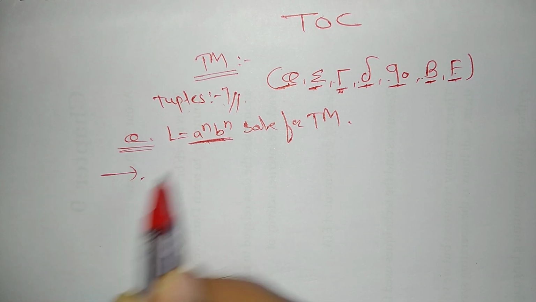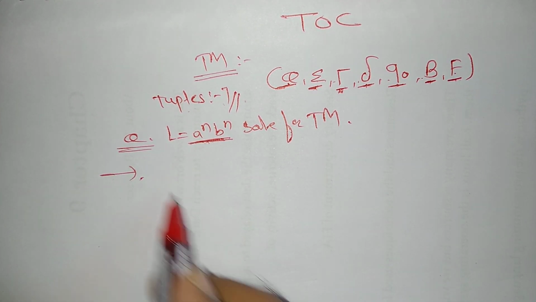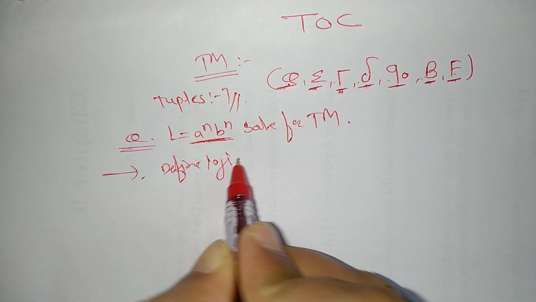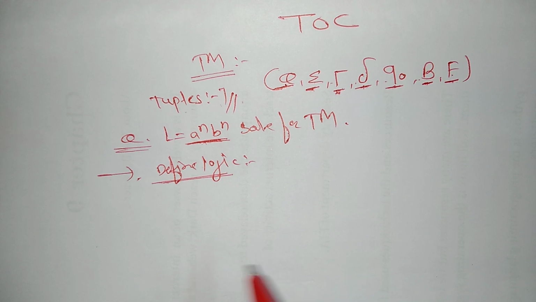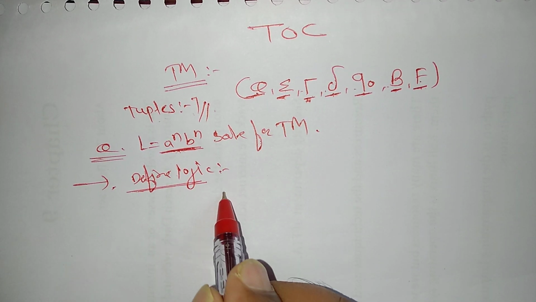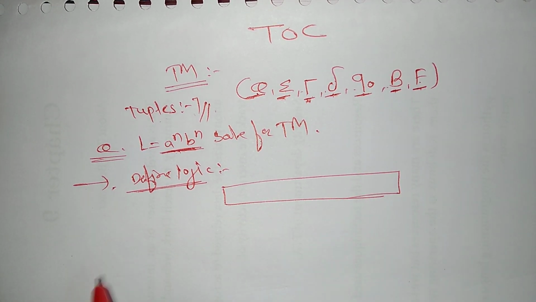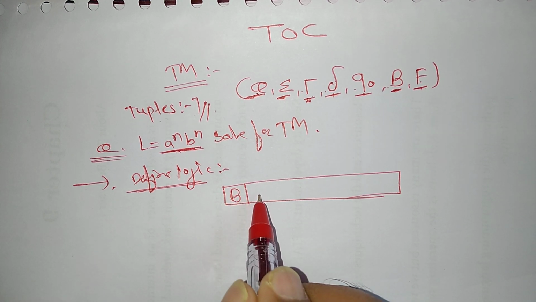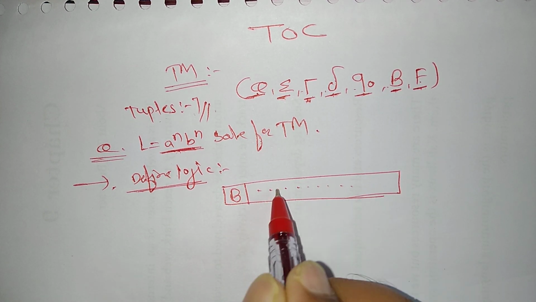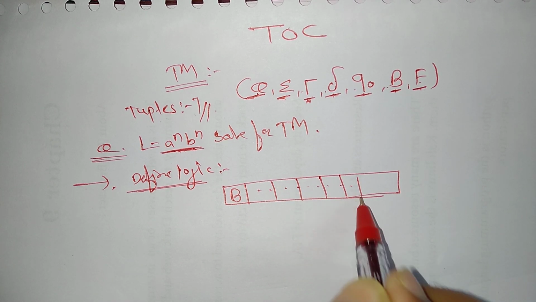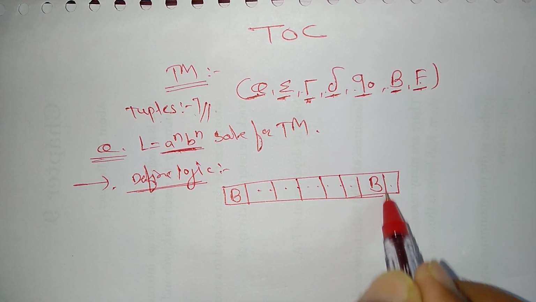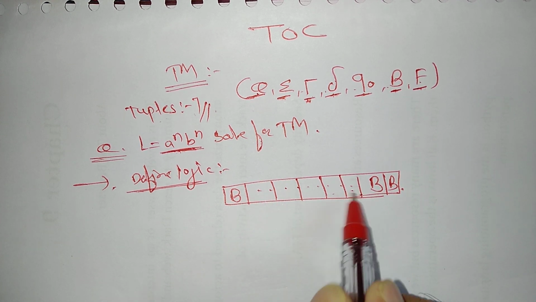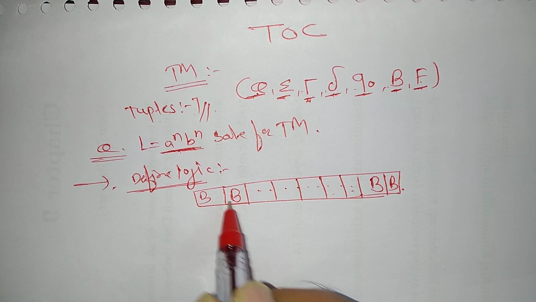While solving a Turing machine problem, first we have to define the logic. We know that in a Turing machine we have a tape, and in that tape there is a blank symbol. After that there may be any string, and then there will be a blank symbol. That means in between you can take any length of string, but the start and end must be blank.